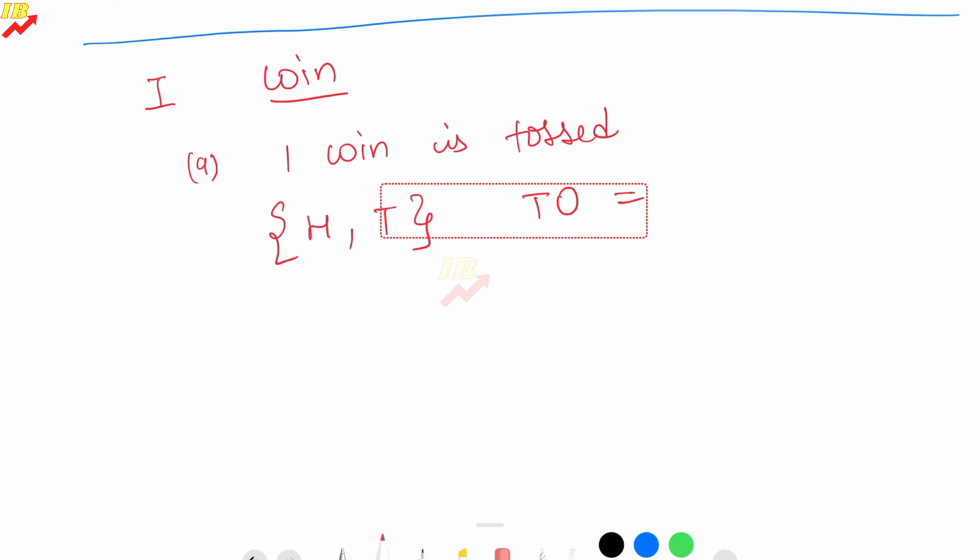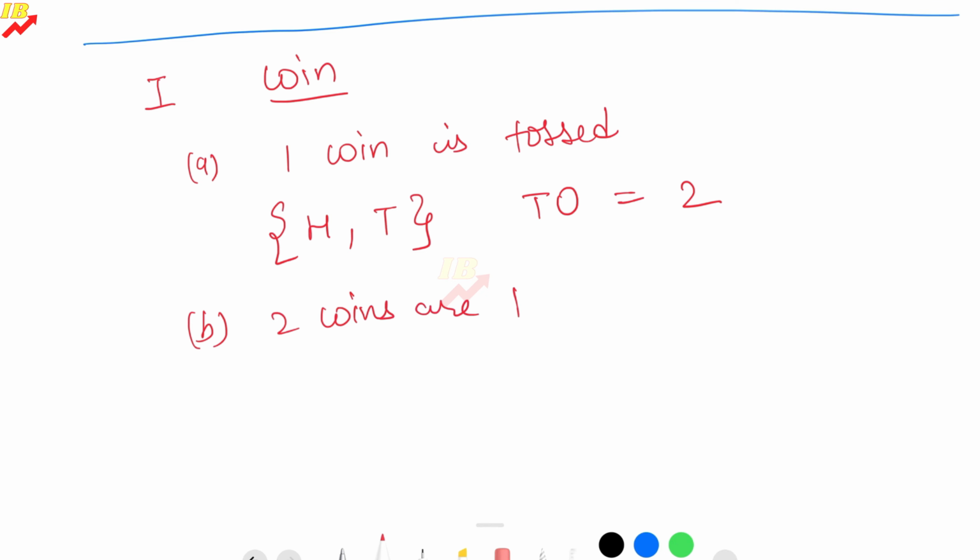I'm just taking a short form of it, but this is not relevant from the exam point of view. You guys have to write properly: total outcomes. Okay, so this TO is 2 here, right? And for the second case, I'm saying if two coins are tossed, then we are getting four outcomes, which is head head, head tail, tail head, and tail tail.